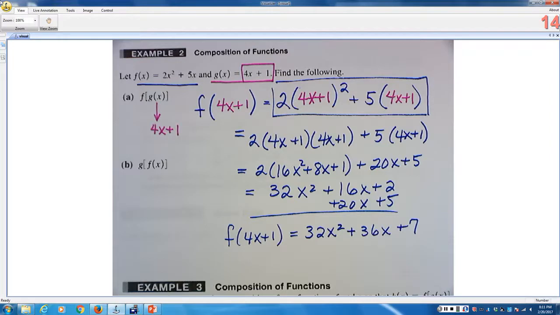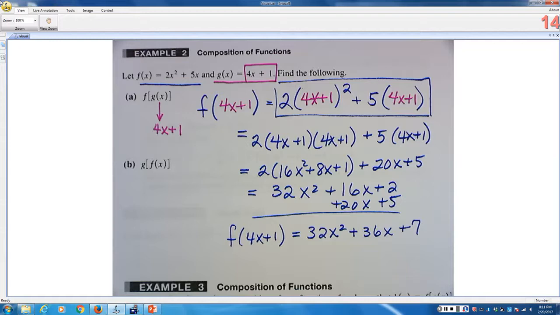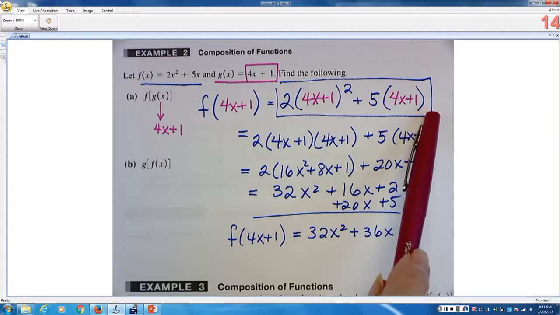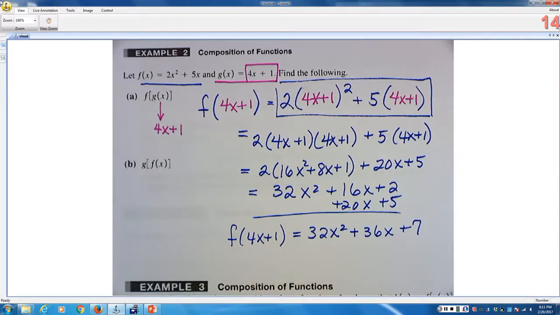But really, this shows you exactly what it is better than anything else does. The only reason you would do this would be if you were trying to actually find the derivative of this and you wanted to check and make sure you've done it right, then you could do this and take the derivative of that and see if they matched.